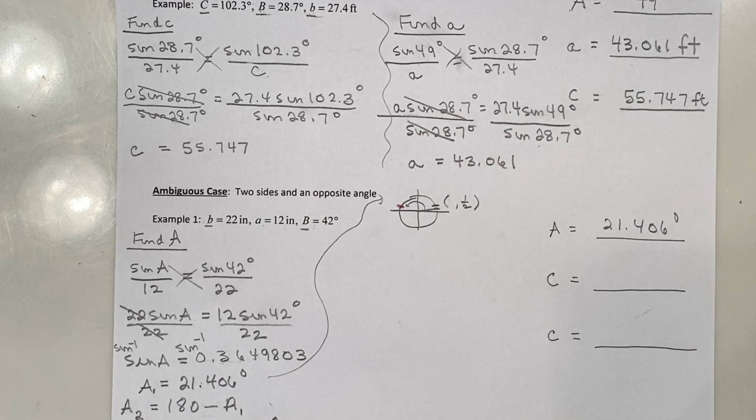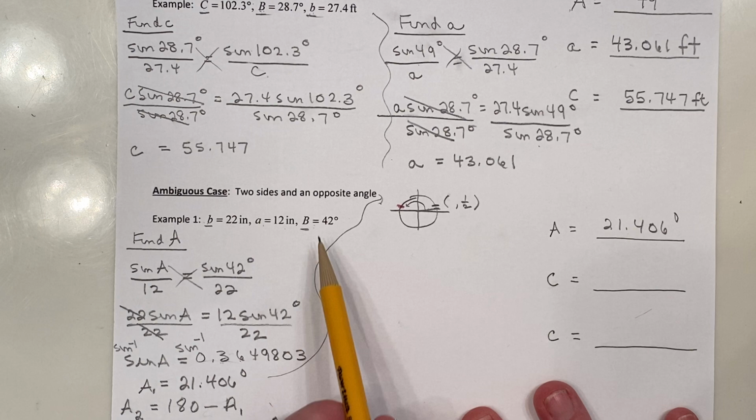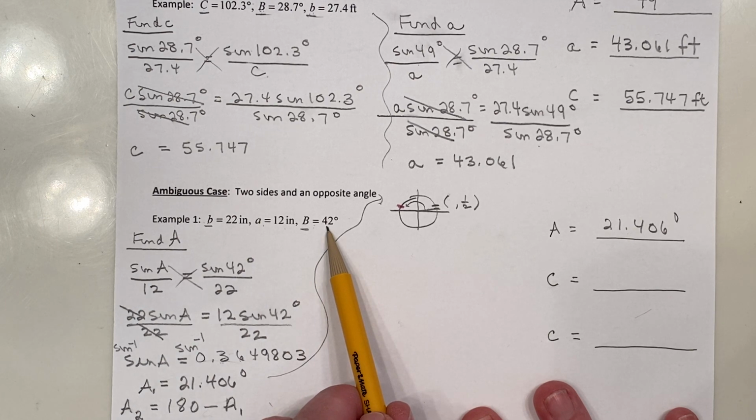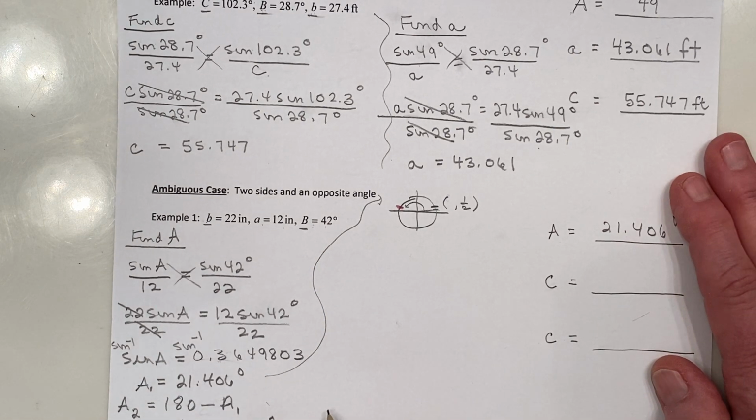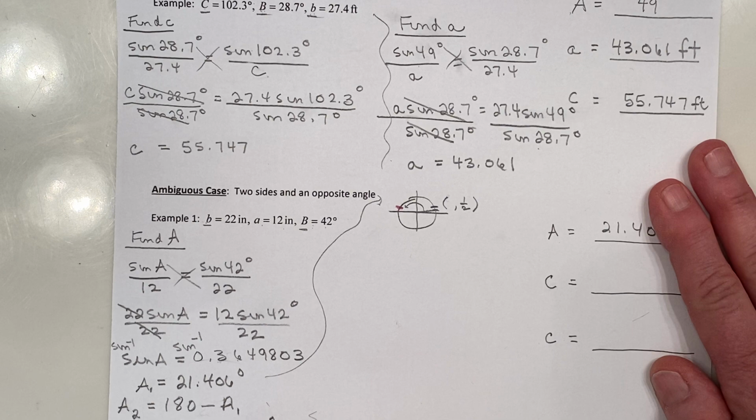Well, the way we check to see if we have a second triangle is we look at the supplement, A subscript 2. If A is 158 degrees and B is already given to be 42 degrees, what happens when you add these two angles together? Do we have what we call a second triangle?